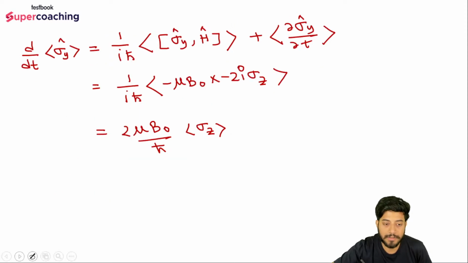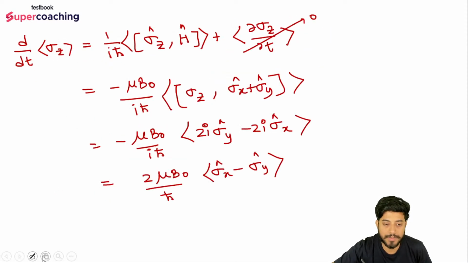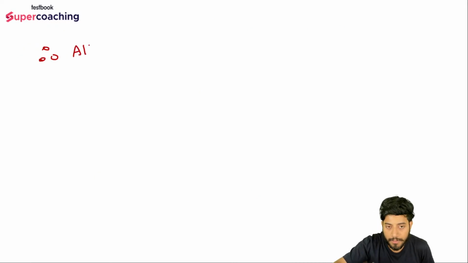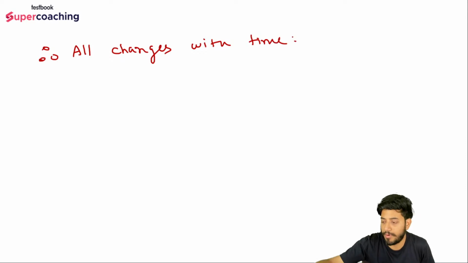Here it will change with time, here also it will change with time. So all change with time. Therefore, the expectation of sigma x, expectation of sigma y, expectation of sigma z all change with time.